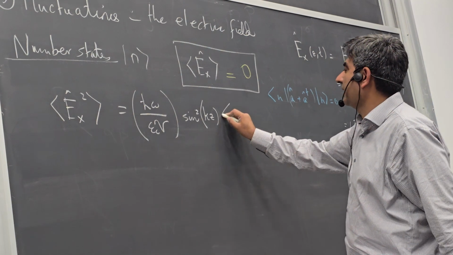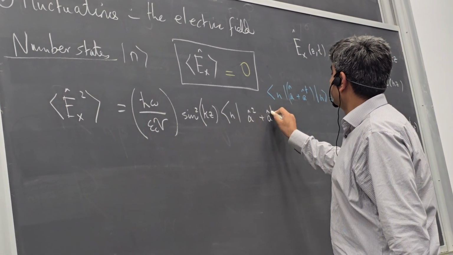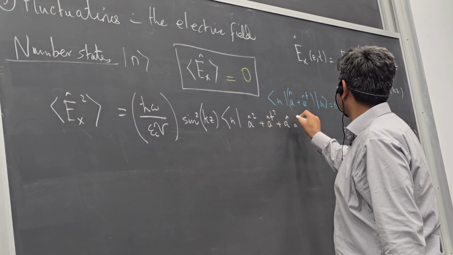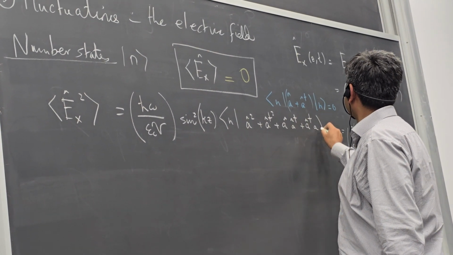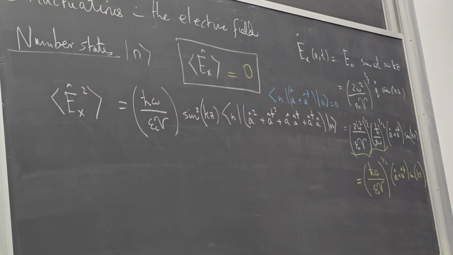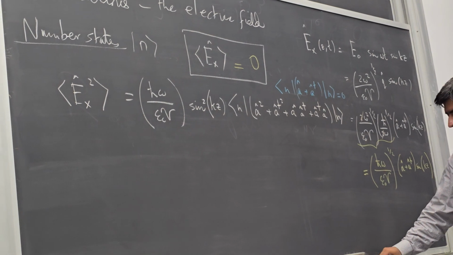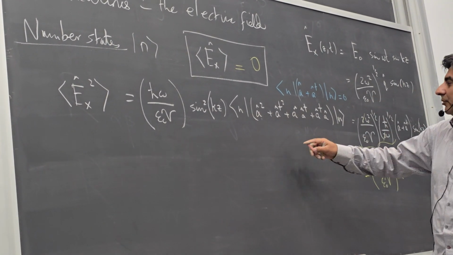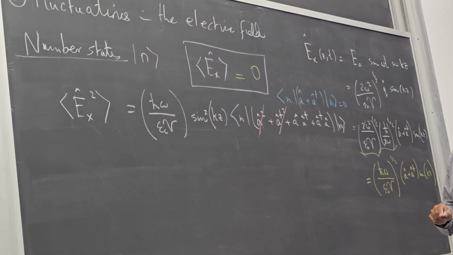So bra n, a squared plus a dagger squared plus a a dagger plus a dagger a, ket n. Now this term is going to give us nothing. This term is going to give us nothing.